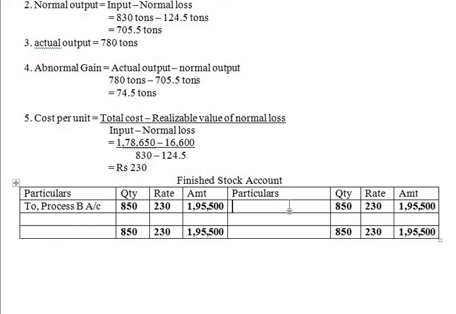Okay, and this balance is balancing figure and which we call as by balance carried down. Okay, so this is the closing amount of finished stock. Okay, so this is how we prepare finished stock account.